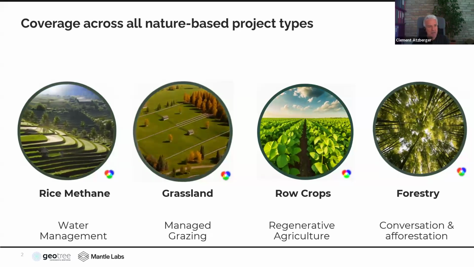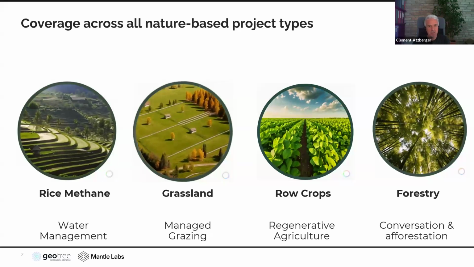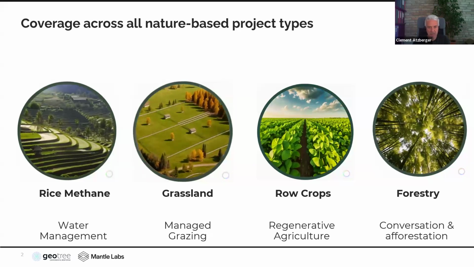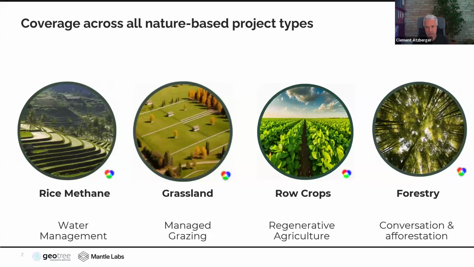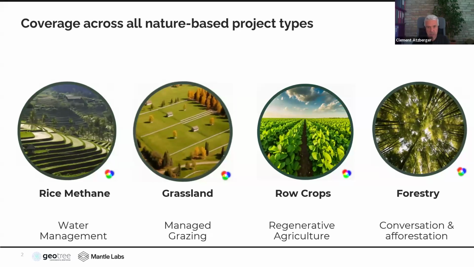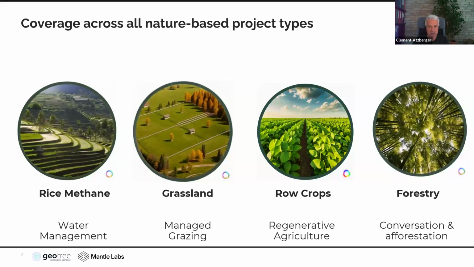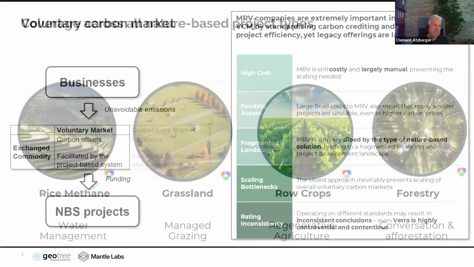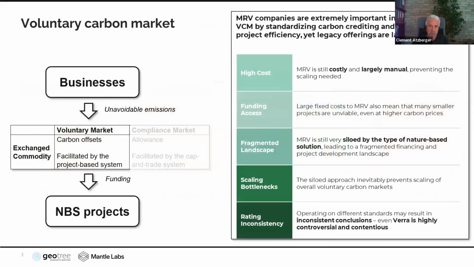Before I dig into the details, I just wanted to show you in which market we operate. At Mantle, we cover all these buckets here, from grassland to rice to forestry. In forestry, we do conservation, but we also do afforestation and regen ag. And we cover here the voluntary carbon market.